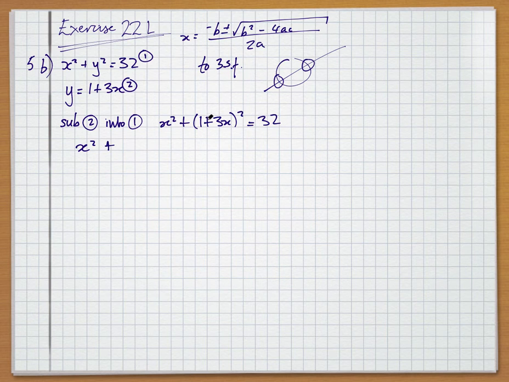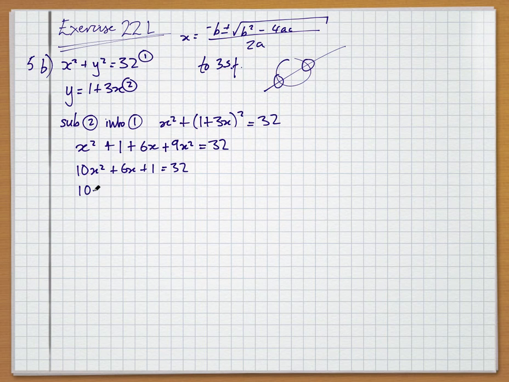X squared plus 1 squared is 1, plus 3x is plus 6x, plus 3x squared is plus 9x squared equals 32. X squared plus 9x squared, that's 10x squared plus 6x plus 1 equals 32.